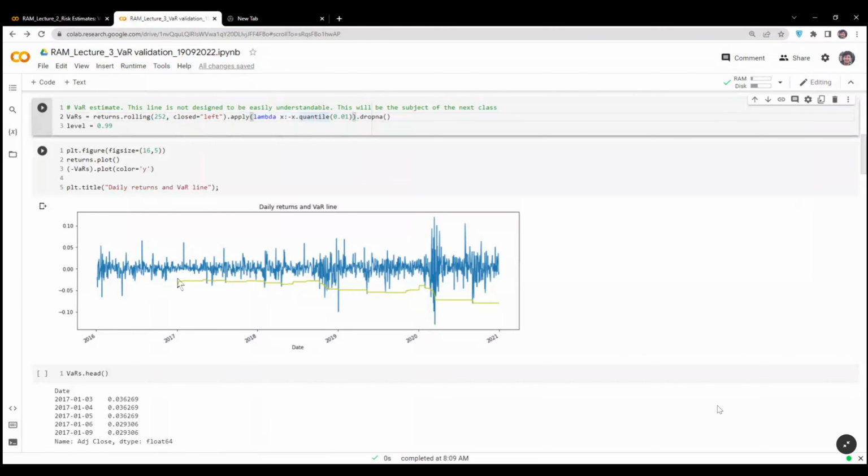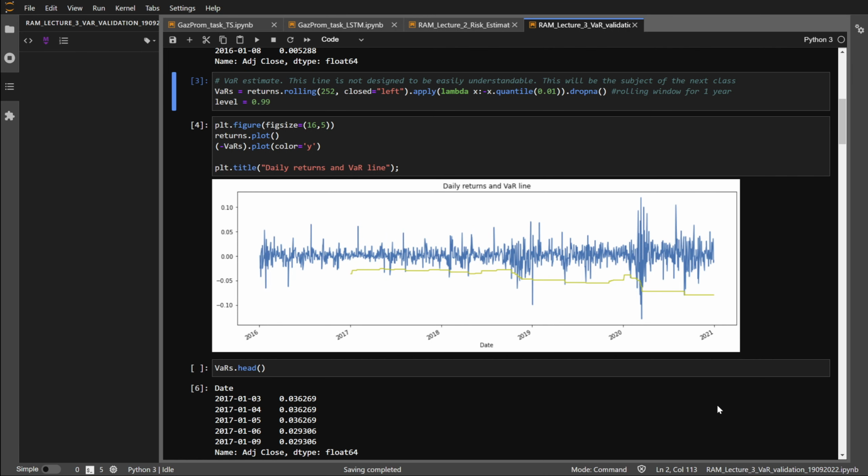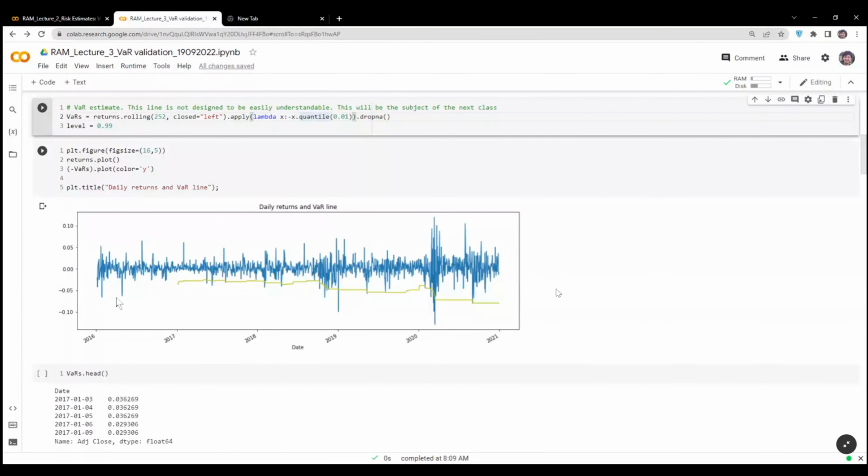What I'm doing, I'm taking historical data of 1 year. So I take previous 252 observations. With this part, I construct an empirical distribution based on those returns. Based on this empirical distribution, I assess 1 day value at risk in an empirical way.